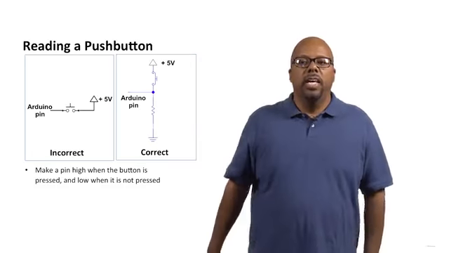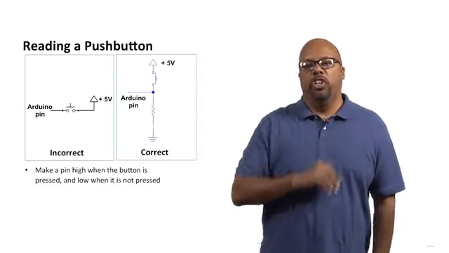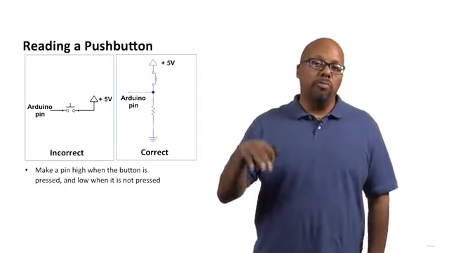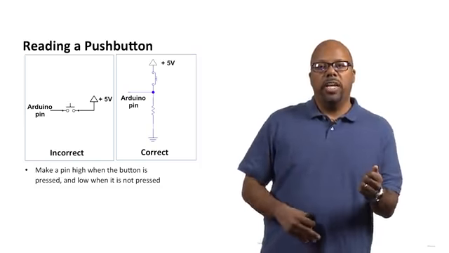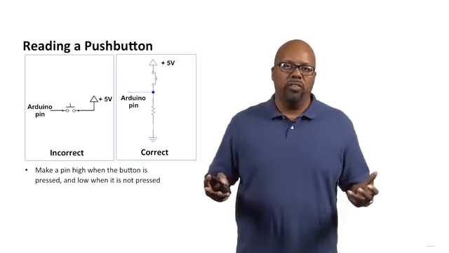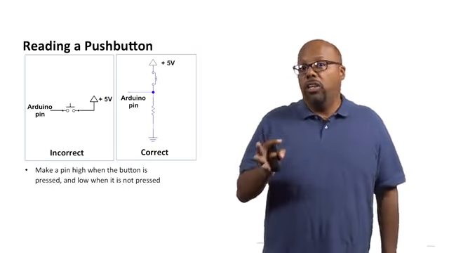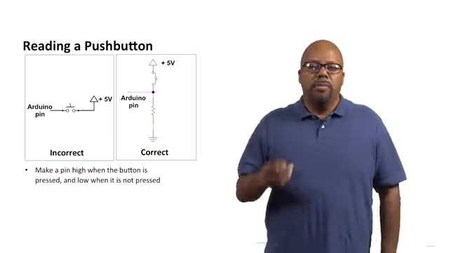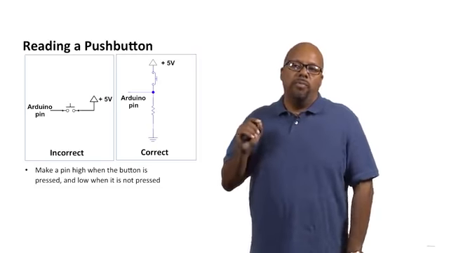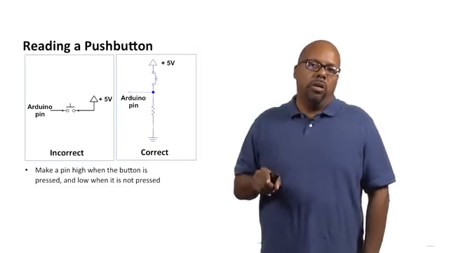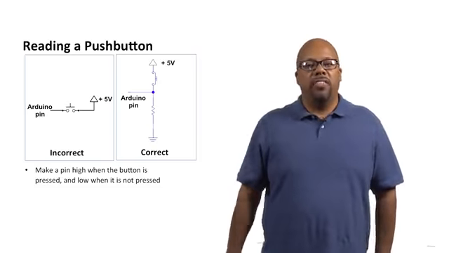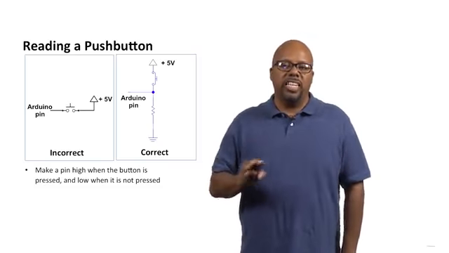Now, this is half good, okay? This is good in the sense that when you press the button, the Arduino pin is then directly connected to the 5 volts. And so when you press the button, it will make that pin high. And that's good. That's half of what we wanted. But the other half of what we wanted is that the Arduino pin should be low when the button is not pressed. And that incorrect circuit does not accomplish that.